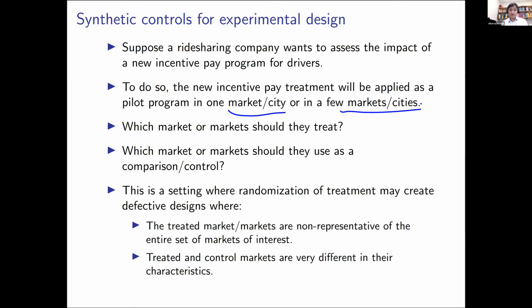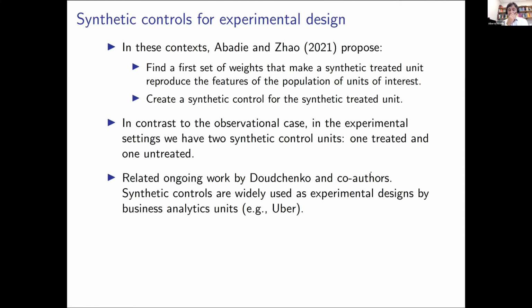The question you are going to ask yourself is: which markets should I treat, and which markets should I use as a comparison or control? What we have proposed in this setting is using synthetic controls.